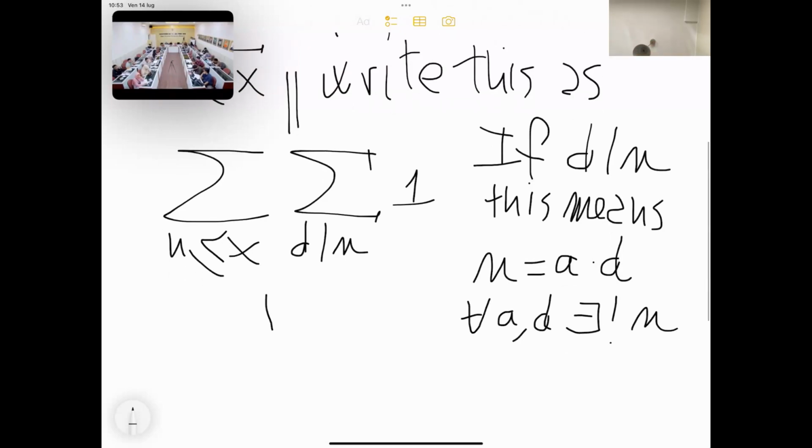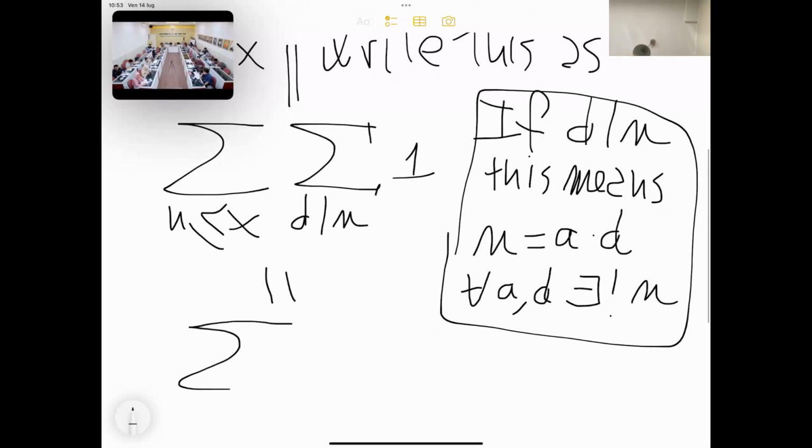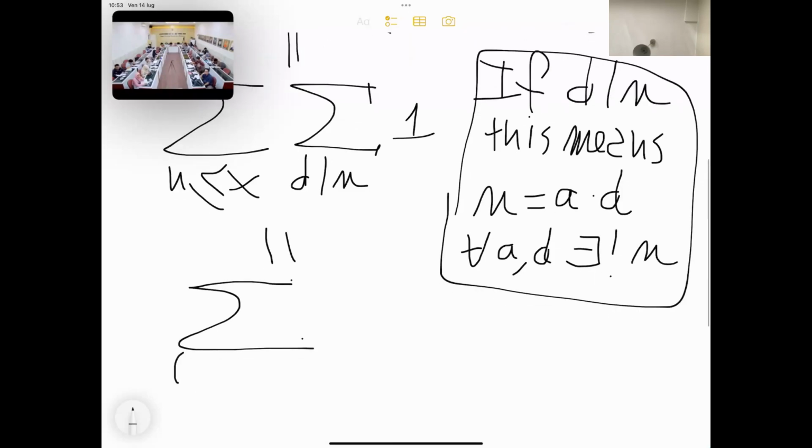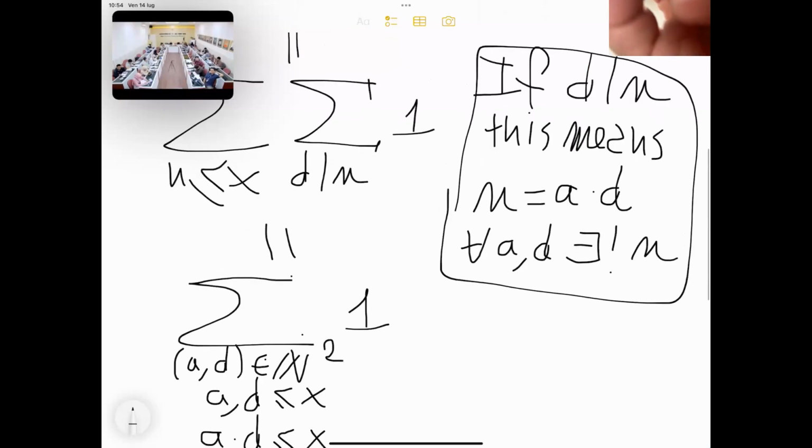So because of this observation, we can write this as the sum of all pairs A and D of natural numbers such that A and D are both less or equal than X, and the product also is less or equal than X. Counting the n's boils down to counting the pairs A, D such that the product is less or equal than X of 1.